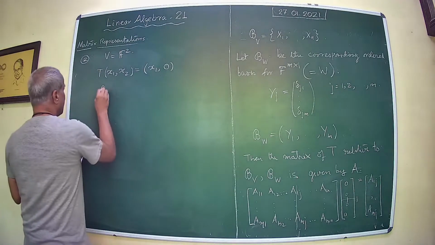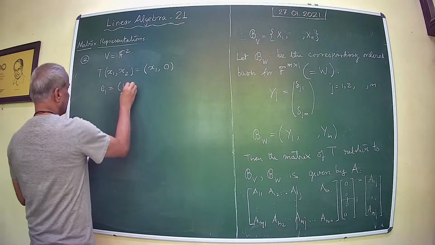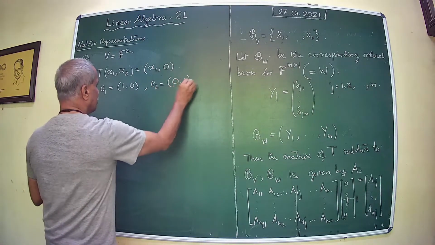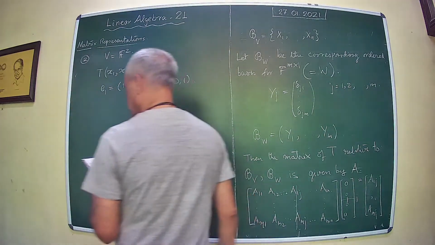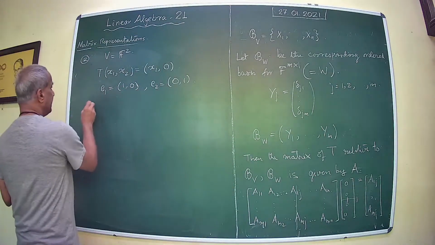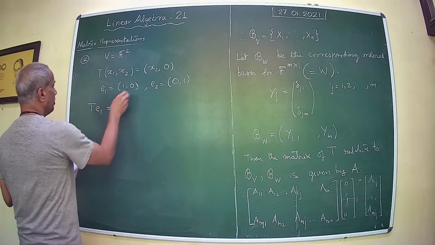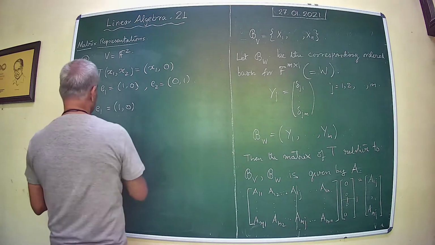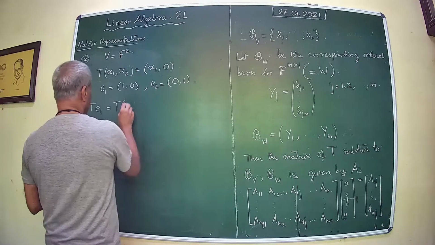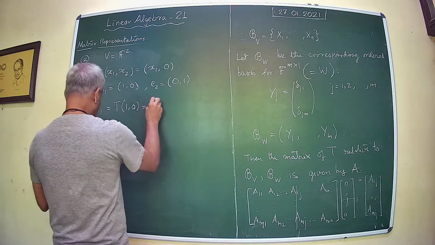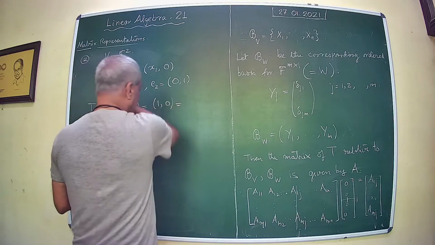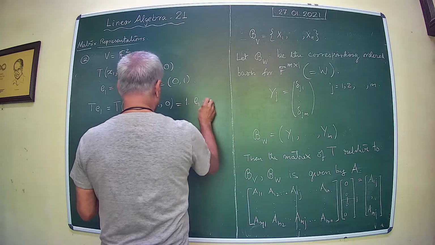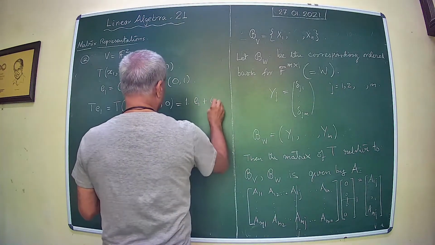We take E1 to be (1, 0) and E2 to be (0, 1) as the basis for B. Then you calculate T(E1), which by definition is (1, 0), which you can write as 1 times E1 plus 0 times E2.